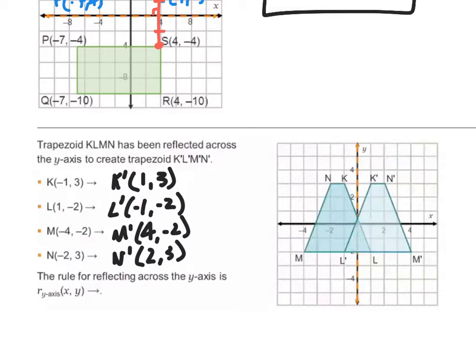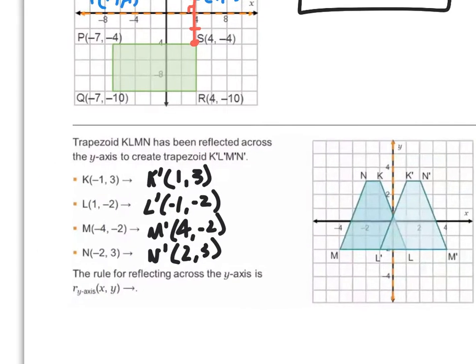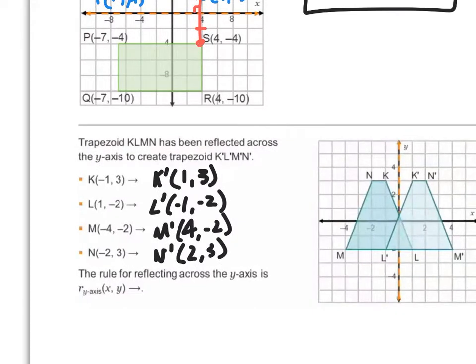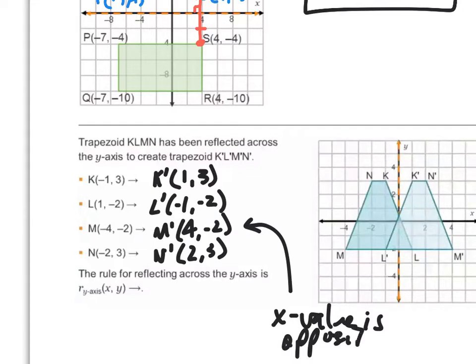And so what I want to do, let's say that in all these points, I'm going to put an arrow up here, the X value is opposite. Okay, so if I wanted to come up with a rule for this, remember the R stands for reflection. Okay, this is your line of reflection.